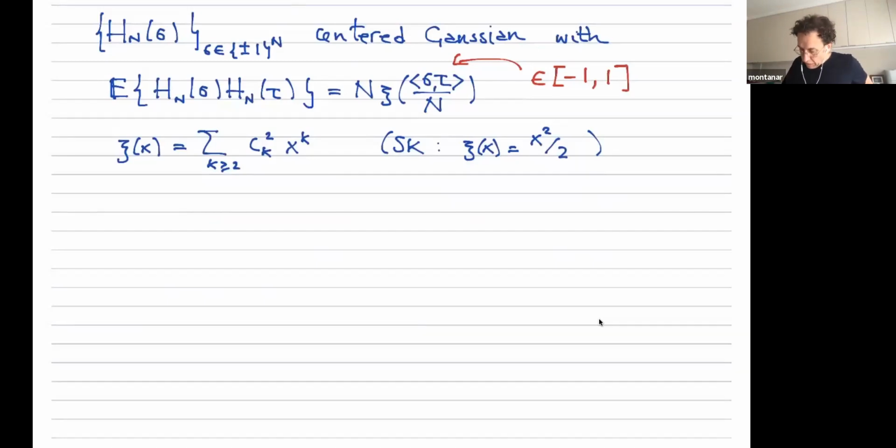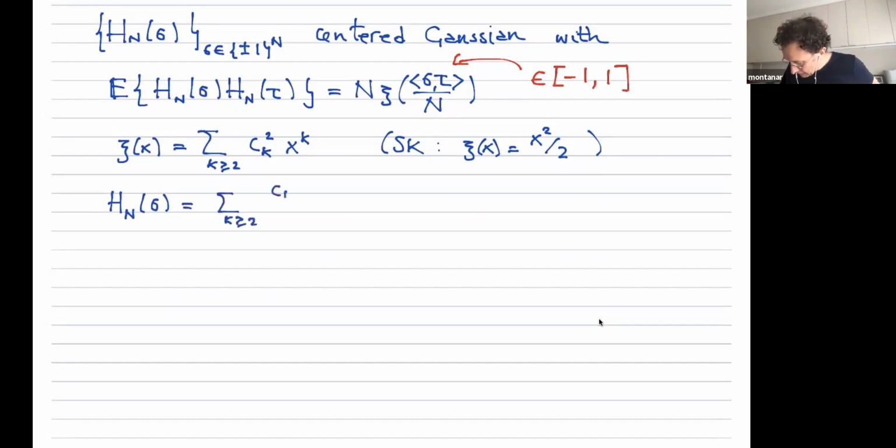Now, this is the abstract way of defining it. Of course, you can construct this process explicitly, and this is kind of important for what we'll talk about. It's an important remark.